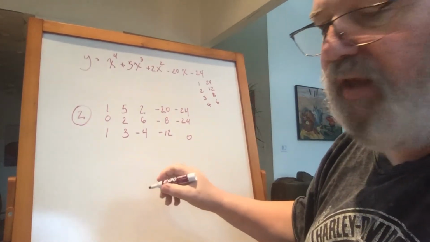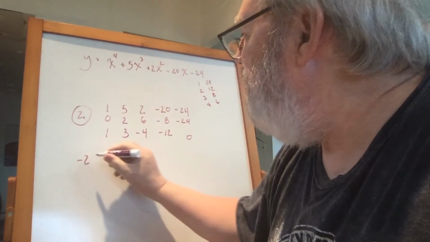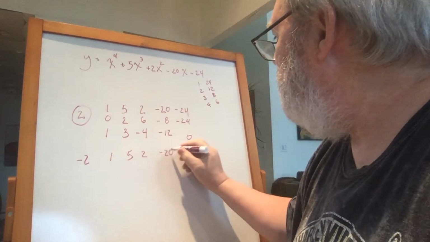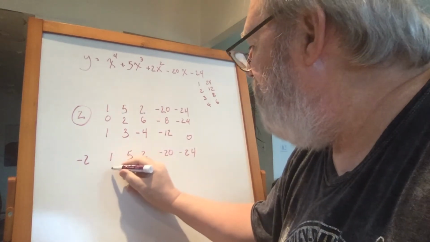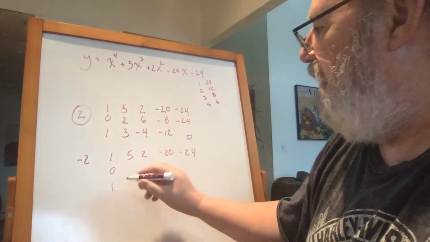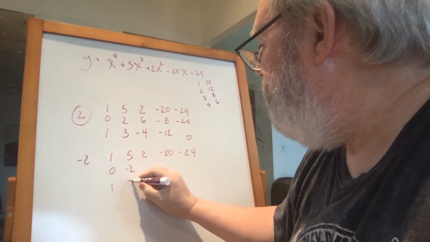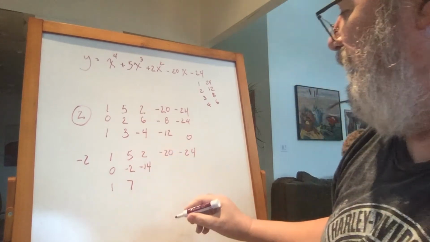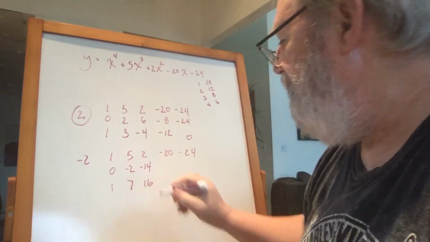Now we can take a look at minus 2. And we can go minus 2, and we got 1, 5, 2, minus 20, minus 24. Again, minus 2 doesn't go into 1, so 1 minus 0 is 1. Minus 2 times 1 is minus 2, so that's 3. Minus 2 times 7 is minus 14. And that is 2 minus 14 is 16.